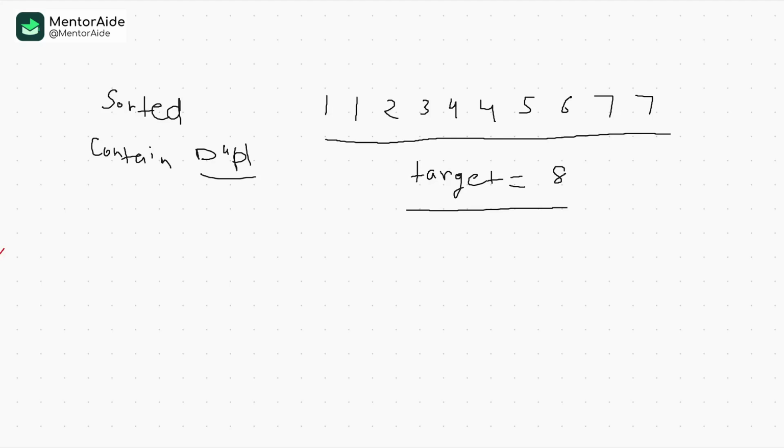What Sandeep is saying is, let's say the first pointer is at 1 and the second pointer is at 7. If we add both of them, which is 1 plus 7, that is 8. Now, what was our next step? Increment the left and decrement the right.